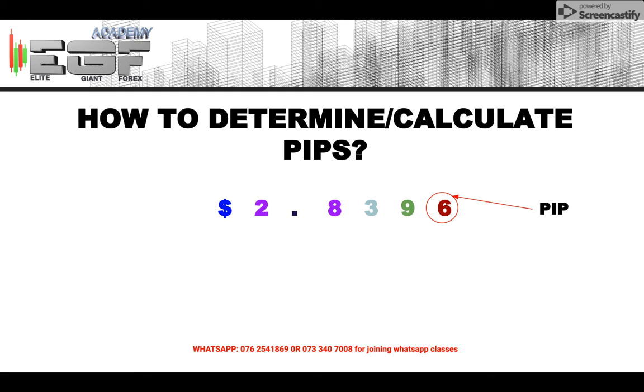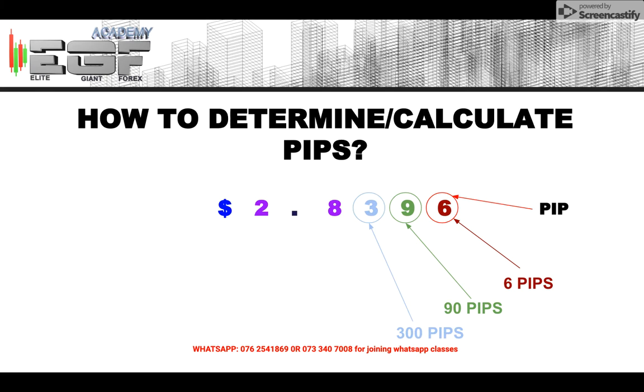Then if it becomes 10, we jump to the second number. This one represents 6 pips. This one represents 90 pips, excluding the 6, but in this case you can call it 96.